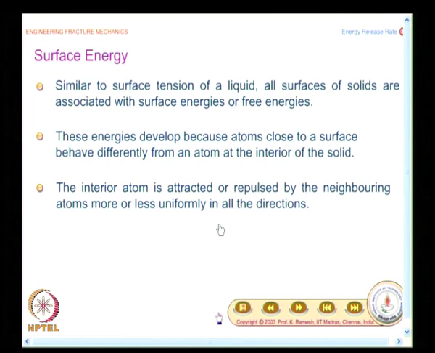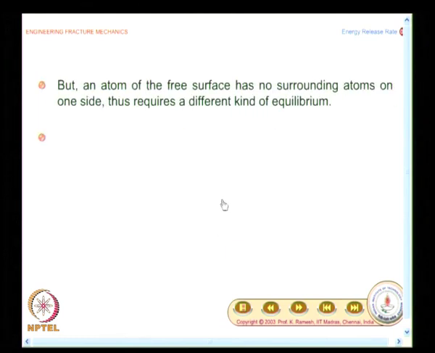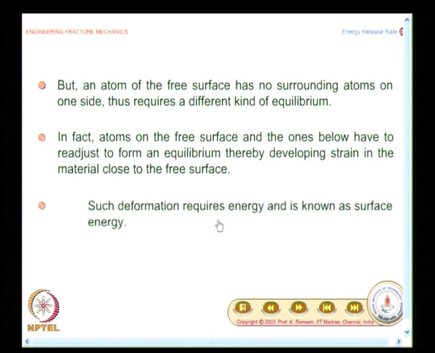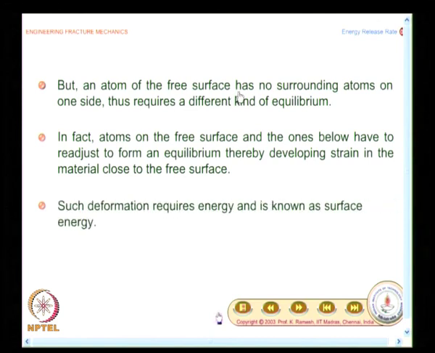I am going to give you a conceptual appreciation of how this is possible. On the surface, what happens? There are no surrounding atoms on one side, thus requiring a different kind of equilibrium. In fact, atoms on the free surface and the ones below have to readjust to form an equilibrium, thereby developing strain in the material close to the free surface.